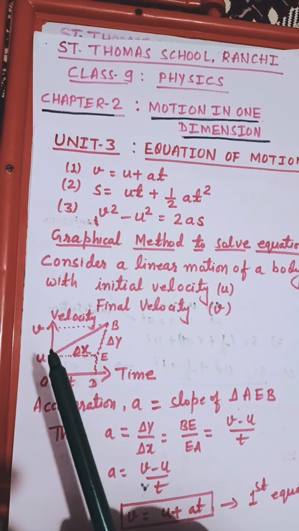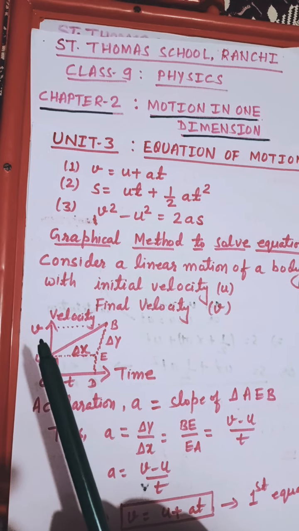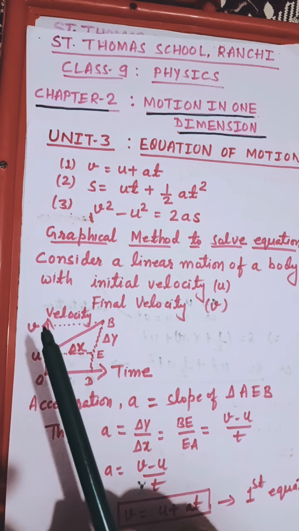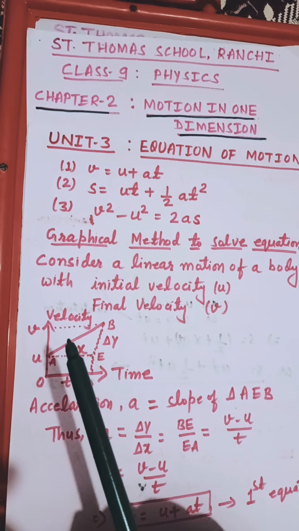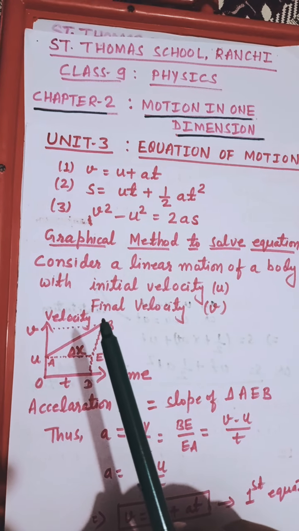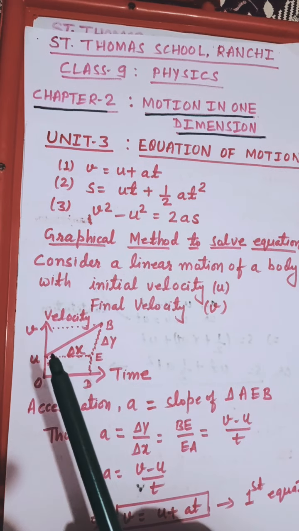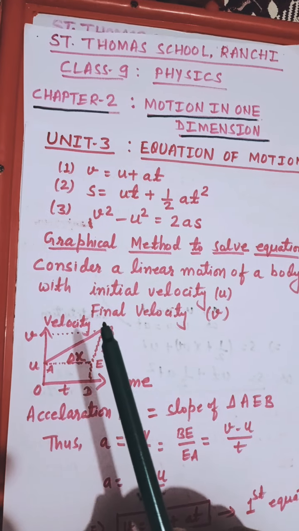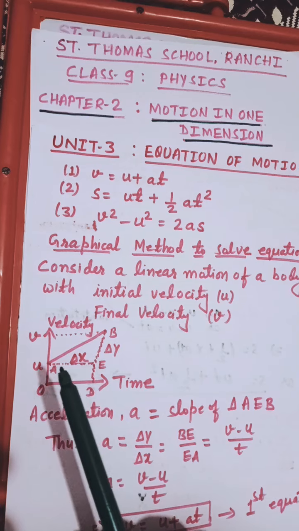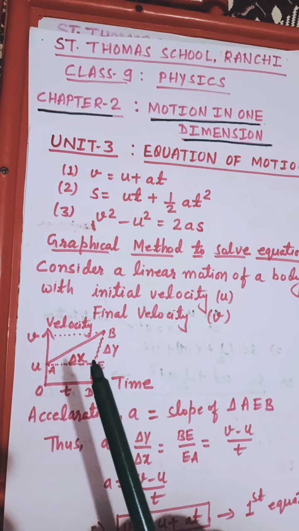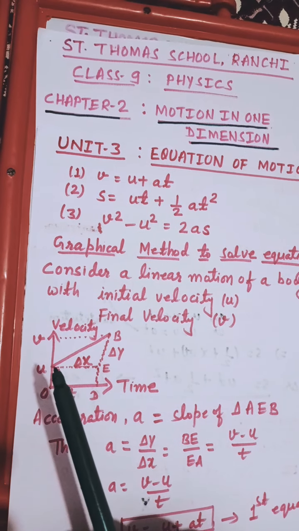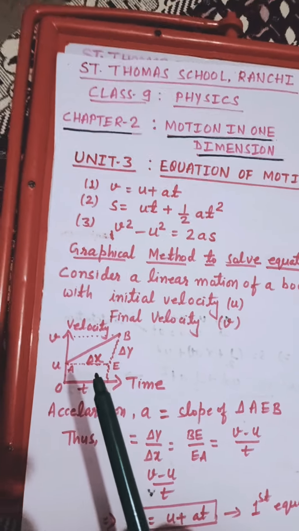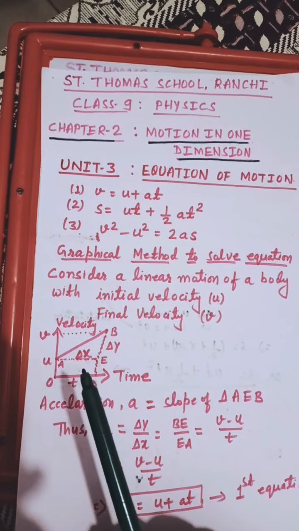After some time it attains the velocity u, and at last it reaches the velocity v, and this is the uniform velocity we have got. In this graph we observe that it has two portions: one triangle and a second one, a rectangle. Now with these two portions of the graph we are going to derive all three equations.